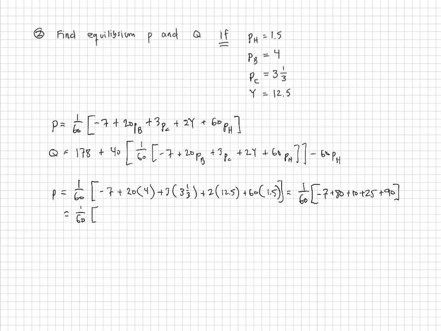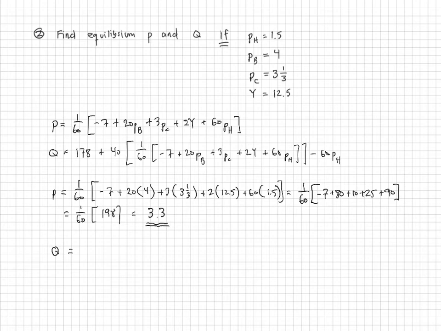Minus 7 plus 80 plus 10 plus 25 plus 90. I'll use my calculator here. That's 198, right? So put 198 there, and of course divide that by 60 to get price equals 3.3. All right, so this is my equilibrium price given those values for the variables.